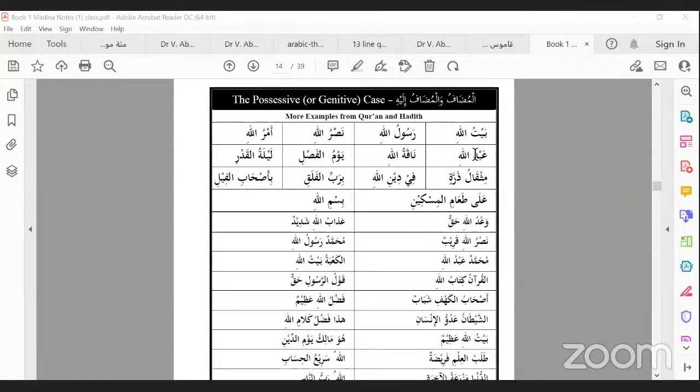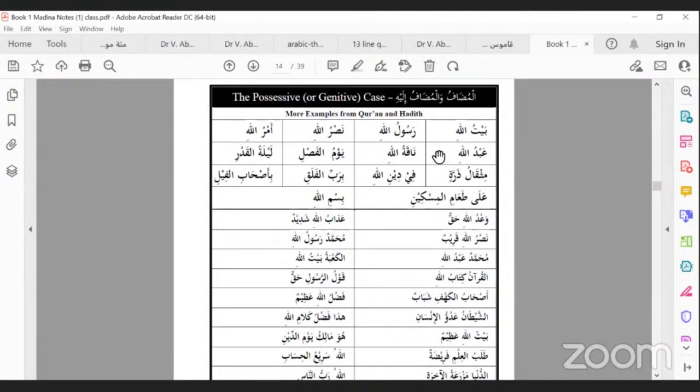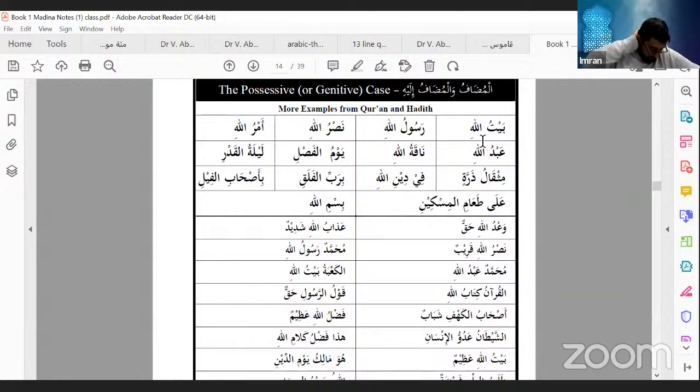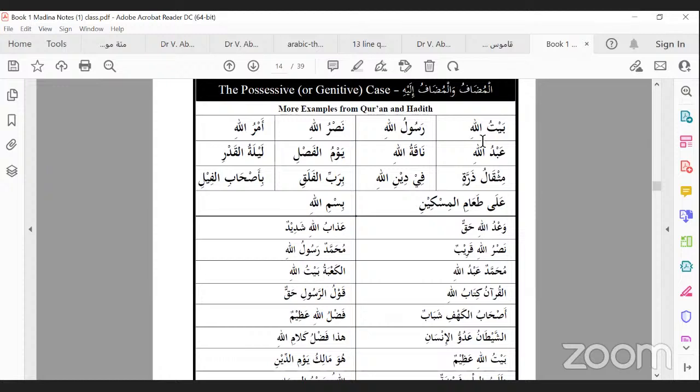Okay. Baytullah. Baytullahi. Baytu is the mudaf, correct? And Allah is the mudaf ilayhi. Correct? Rasulullahi. Rasul is the mudaf and Allah is the mudaf ilayhi. Correct?